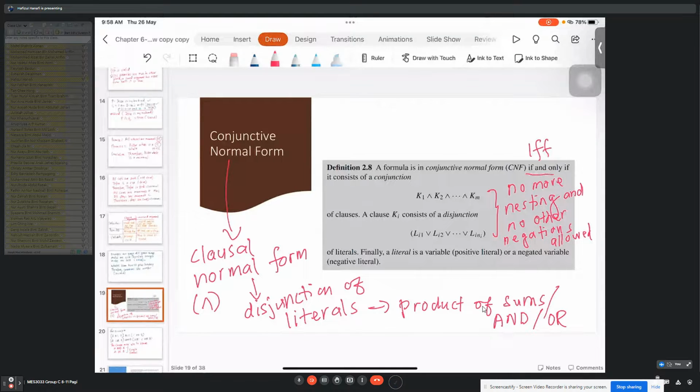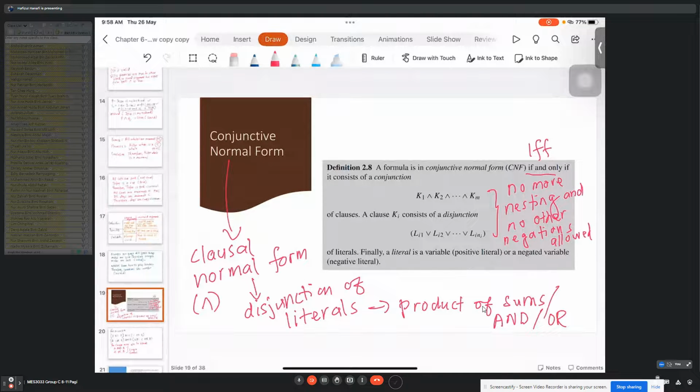it consists of a conjunction. When you see K1 disjunction of K2 and K3 and so on, that is a clause.